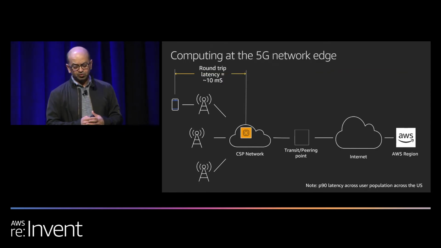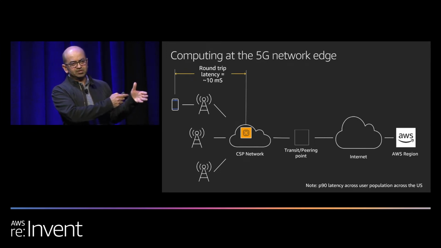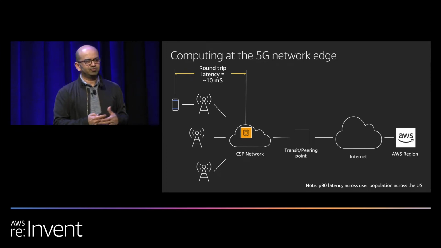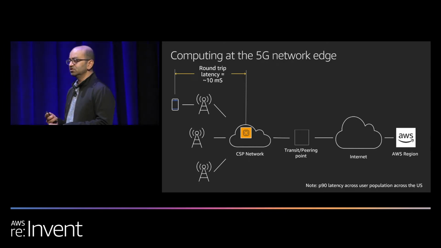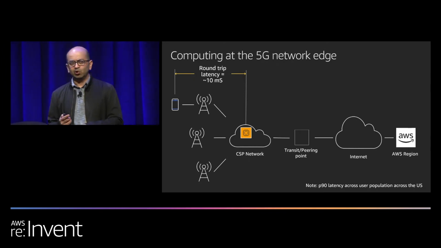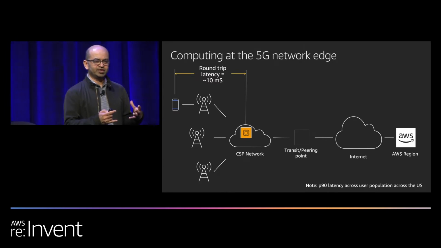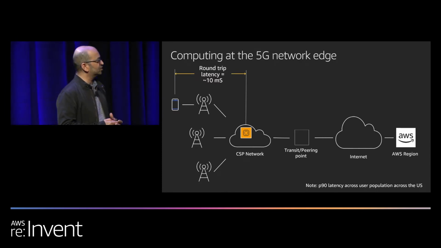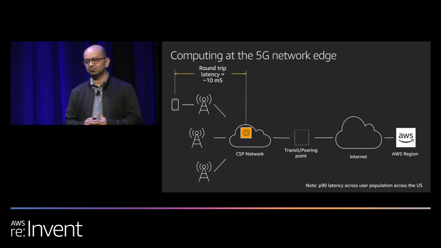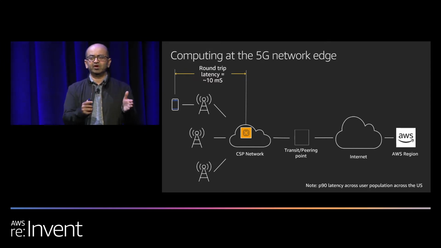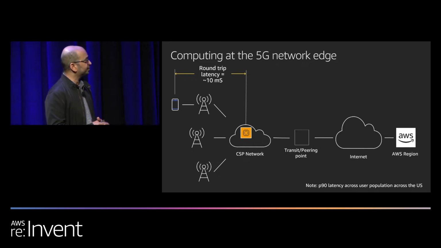Now, if we were to run compute within the CSP network, a few things happen. Firstly, your network distance goes down. Clearly, you're traversing fewer hops, but also you have tightly controlled QoS and routing on these parts of the network, which result in latencies of the order of 10 milliseconds going down to single-digit milliseconds, depending upon where in the network your site is.